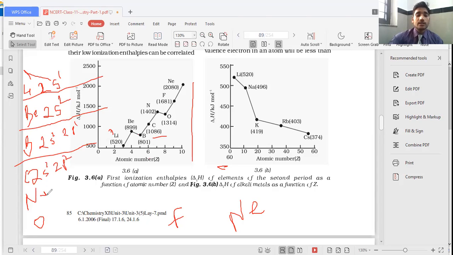For nitrogen it is 2s2 and 2p3. All right, oxygen is 2p4, fluorine is 2p5 and neon 2p6.